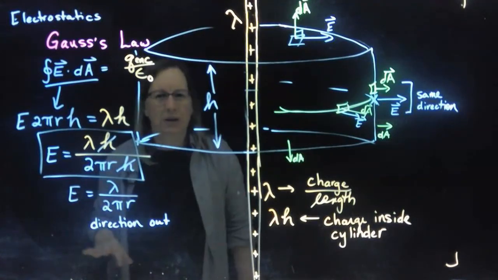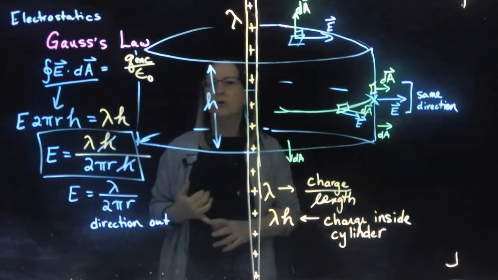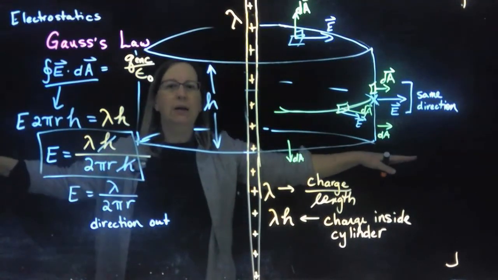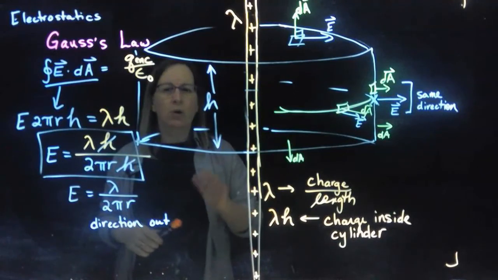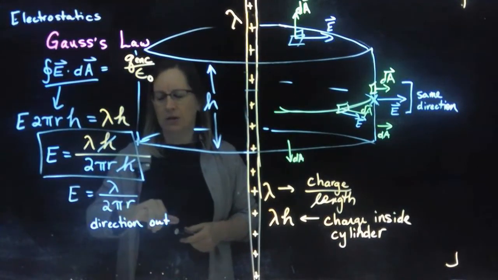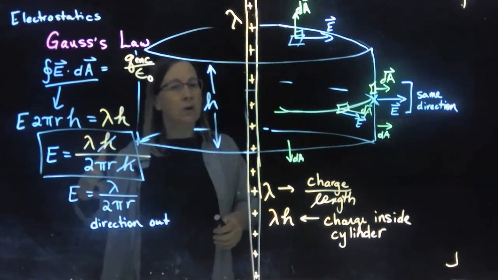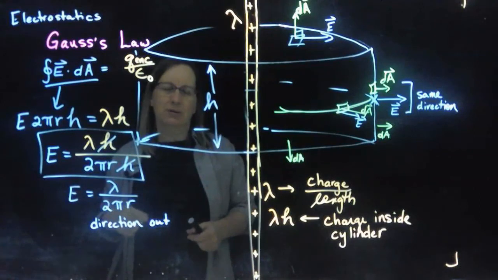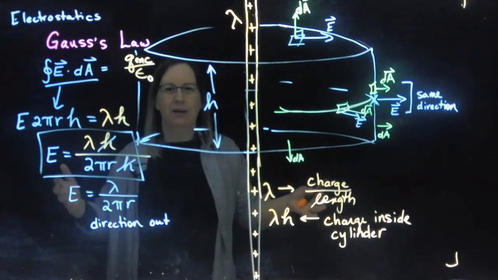One is when we can set up a cylinder, another is where we can set up a sphere, and another is when we can set up a really big plate. We'll look at some of those examples, but this gives you a way to find an electric field that almost completely avoids doing an integral. The integral that we have to do is an integral of dx equaling x type.